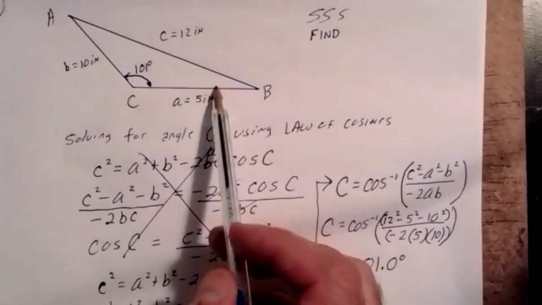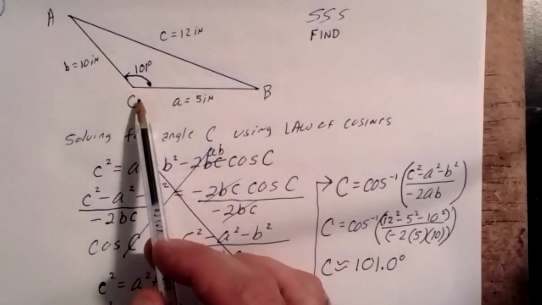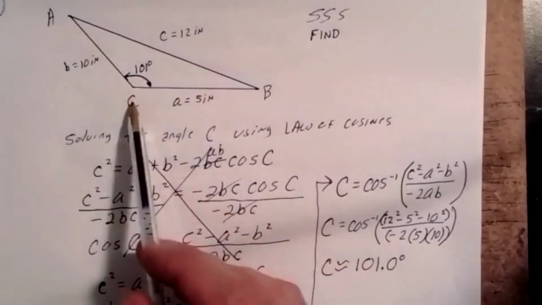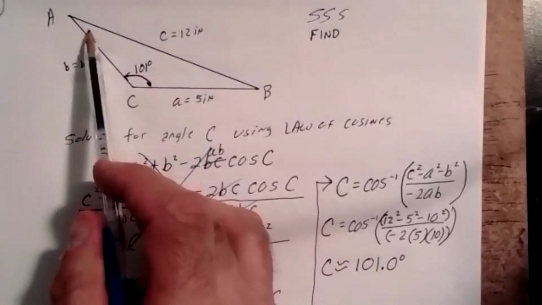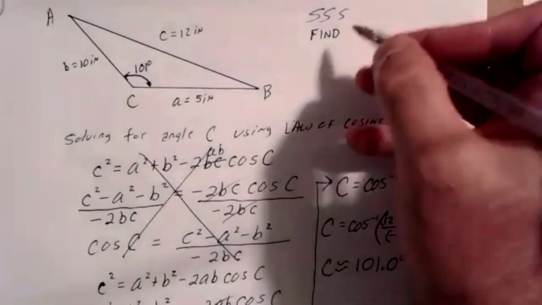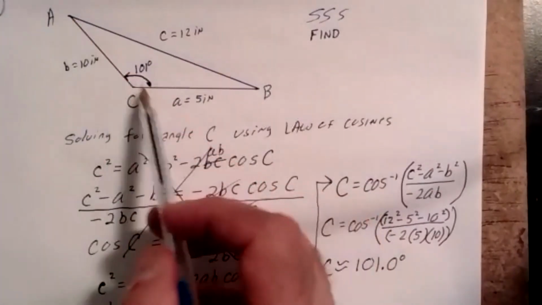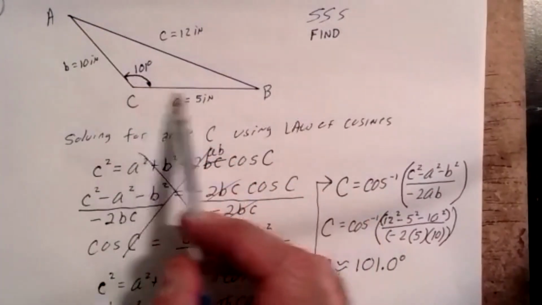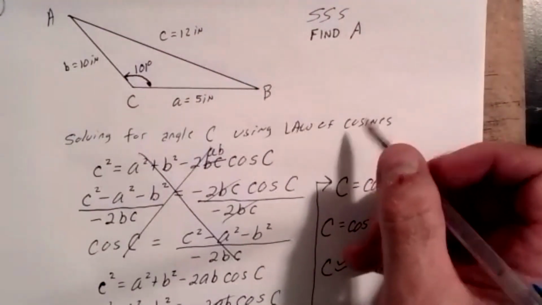And that would be angle B, because its side length is 10, which, wait a minute. Side B has a length of 10 inches, side A has a length of 5 inches. Which angle should we be finding, A or B, if we want to find the smaller angle using the law of sines now? We should be finding not angle B, right? But angle A. So we should be finding angle A now using the law of sines.